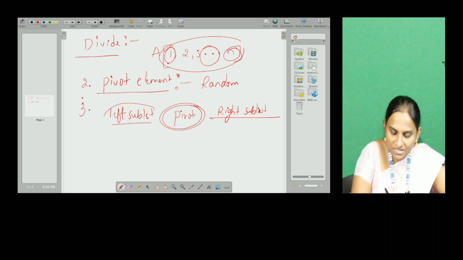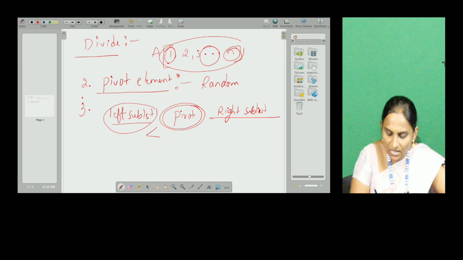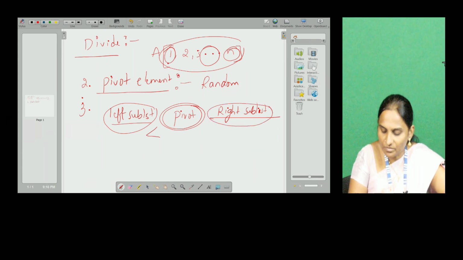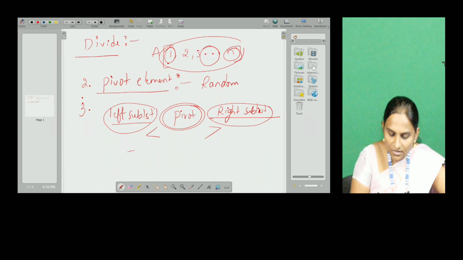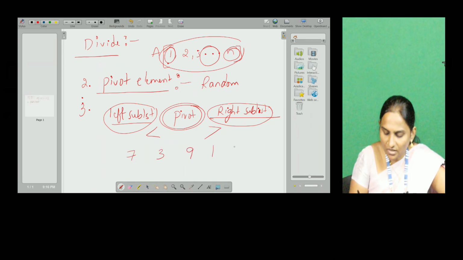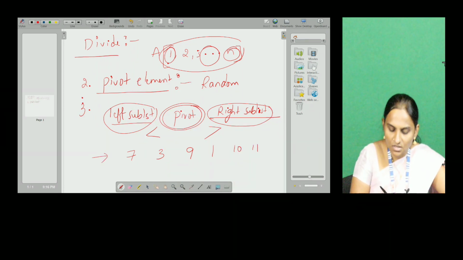The left sublist elements are less than the pivot element, and the right sublist elements are greater than the pivot element. For example, the elements are 7, 3, 9, 1, 10, 11. These are the list of elements. I am selecting 7 as the pivot element.